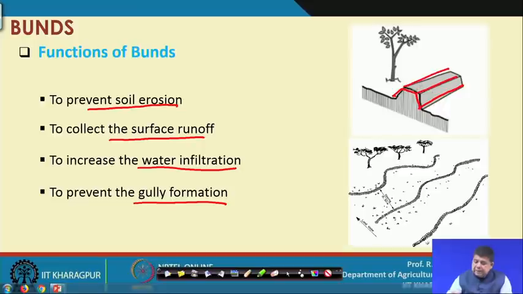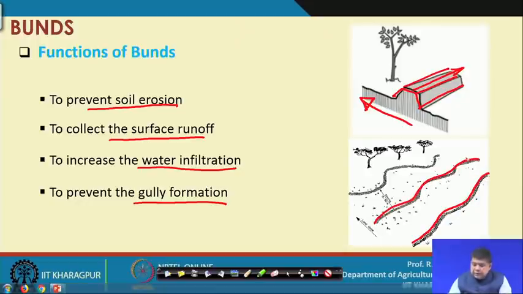This is the slope direction and this construction is done across the slope in this direction, and the same thing is shown here in this picture. As you can see, this is one line of bund and this is another line of bund.